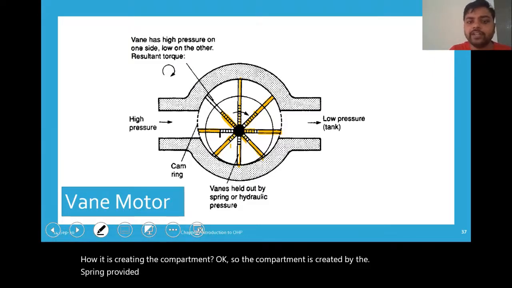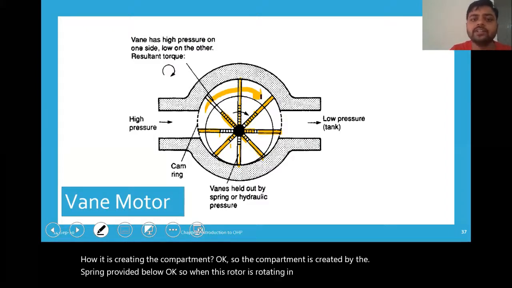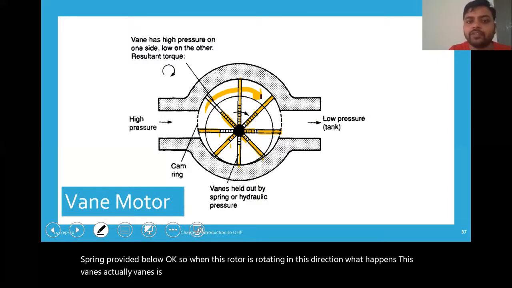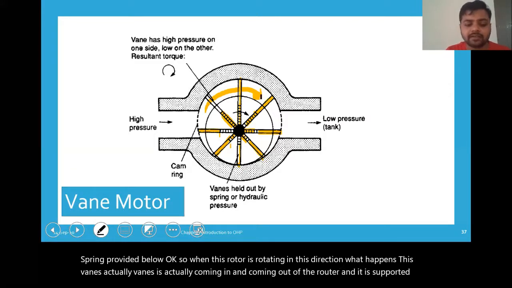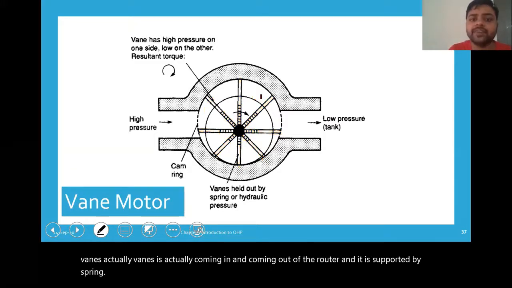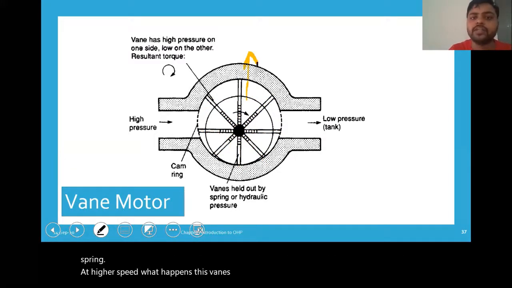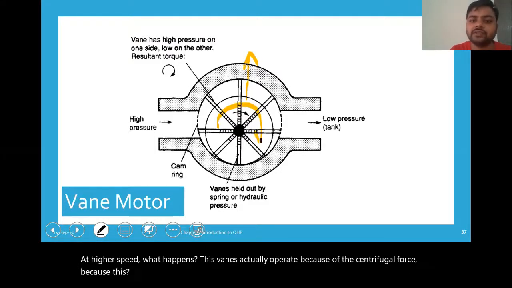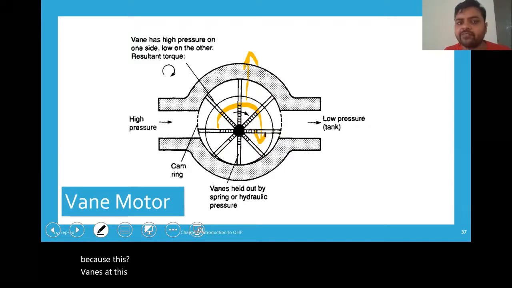So when this rotor is rotating in this direction, what happens? These vanes are actually coming in and going out of the rotor, and they are supported by springs. At higher speed, what happens? These vanes actually operate because of the centrifugal force, because this rotor is rotating at high RPM, let us say 500 RPM.